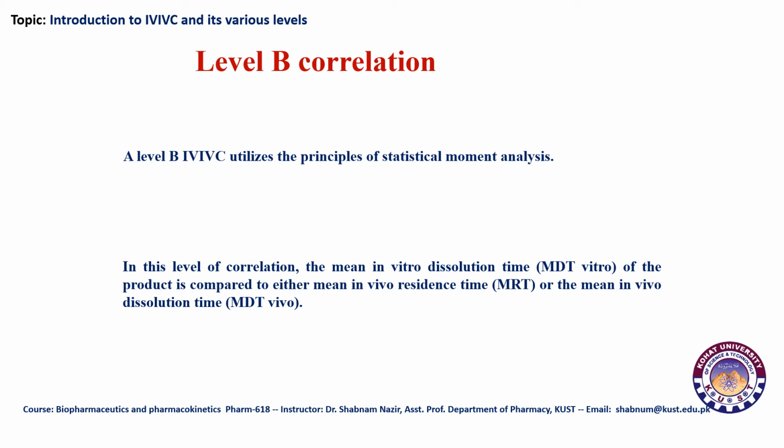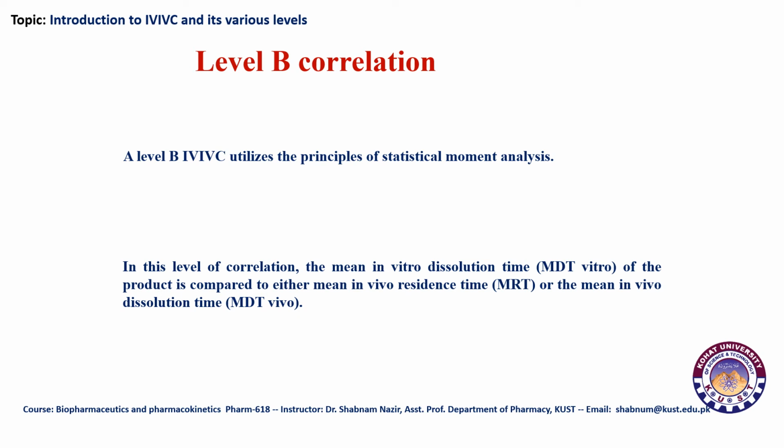and on the basis of the mean values comparison, it is determined whether it is a level B correlation. There is a certain level to define that value, and the in vivo values could be two: the MRT, which is the mean residence time basically, and in vivo dissolution time, which is the MDT.